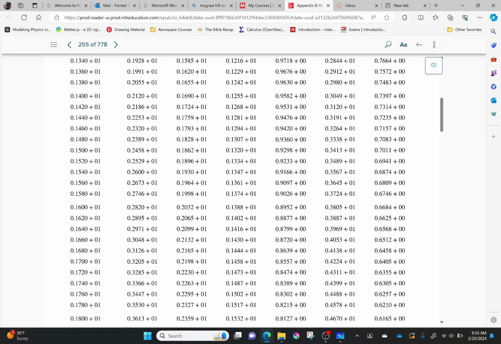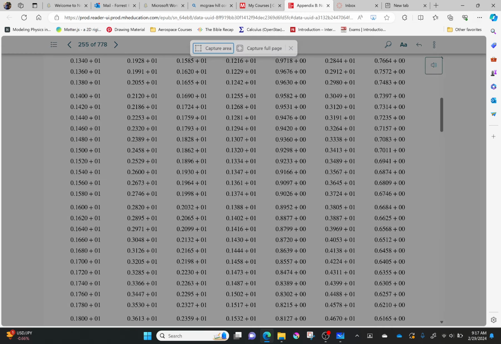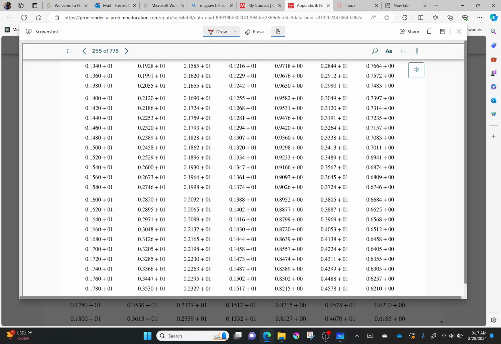So let's go ahead and see what these values are. Now, to help myself out here, I'm going to go ahead and capture my screen so I can underline these. Let's see, screenshot, capture full page. And let's go across. So 1.58 is right here. And so this is my pressure ratio, and this is my temperature ratio.